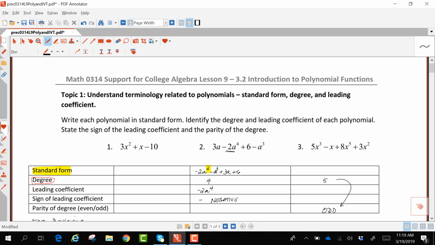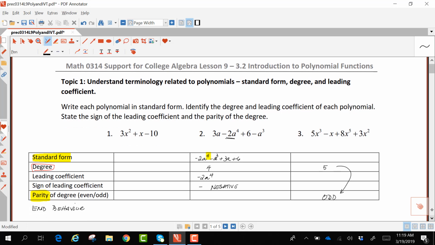The parity of the polynomial is extremely important as it relates to end behavior. The parity refers back to the degree of the polynomial. A fourth degree polynomial means it is an even parity polynomial because the number 4 is an even number.